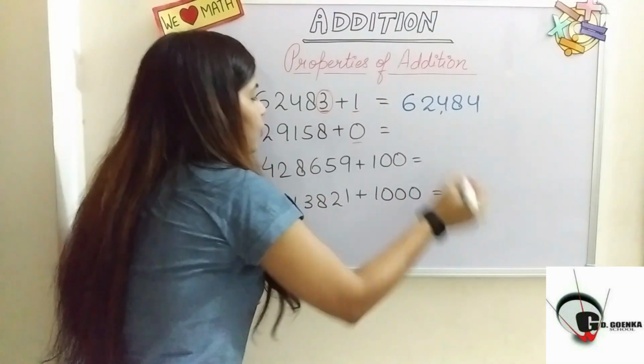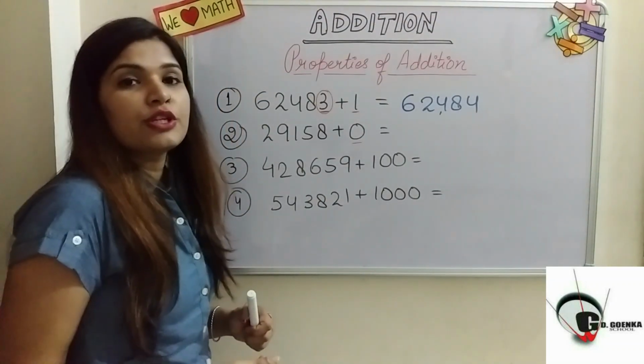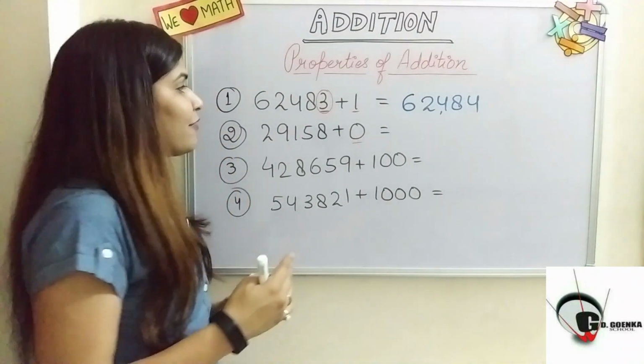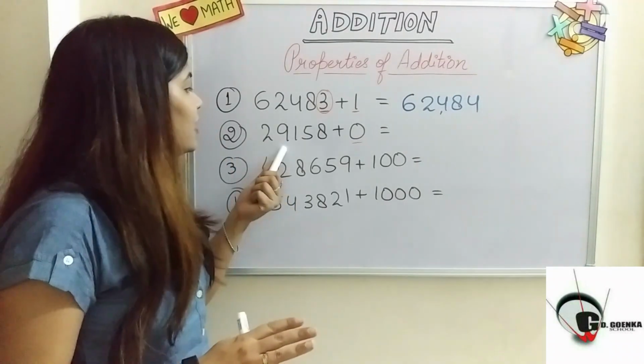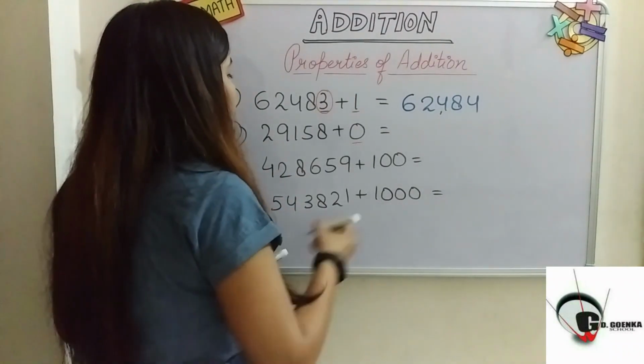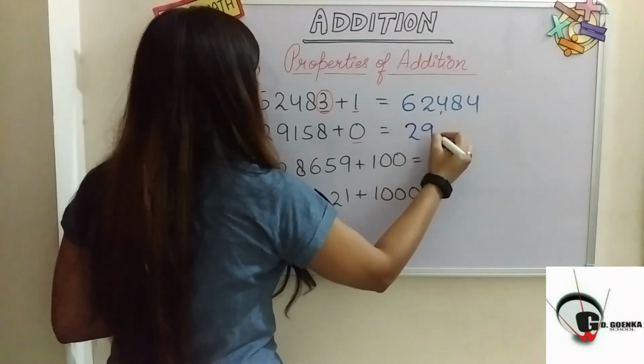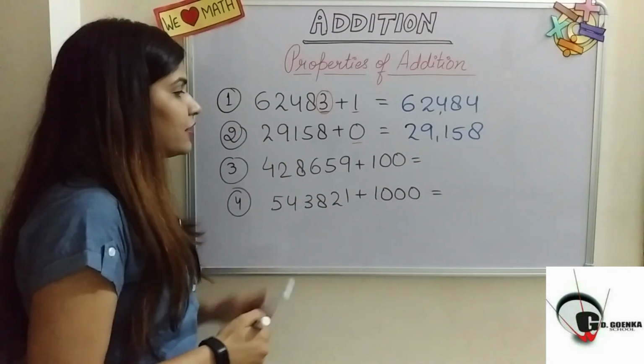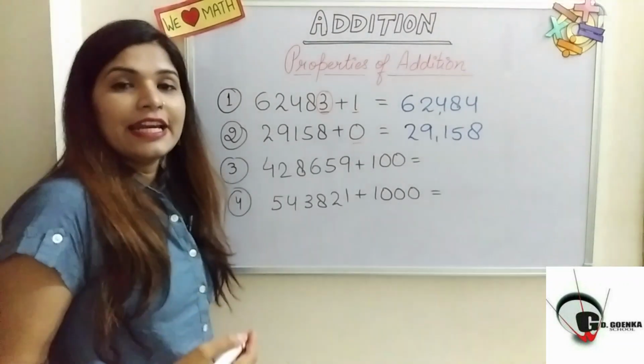Now 0. I already told you 0 is nothing, it has no value. So that means there will be no change in the value of this number. So it will remain the same, that is 29,158. Now we have the third example, that is adding 100.